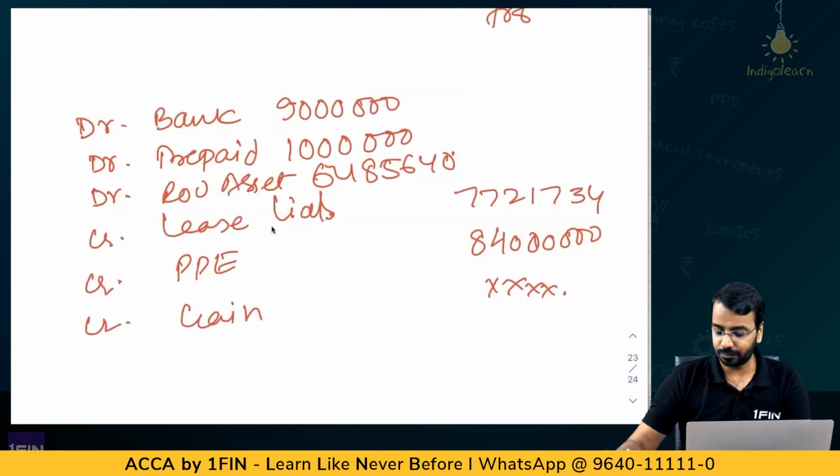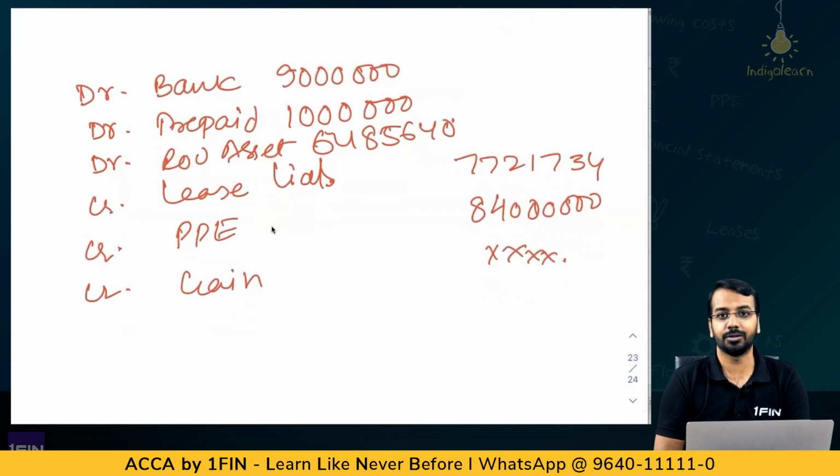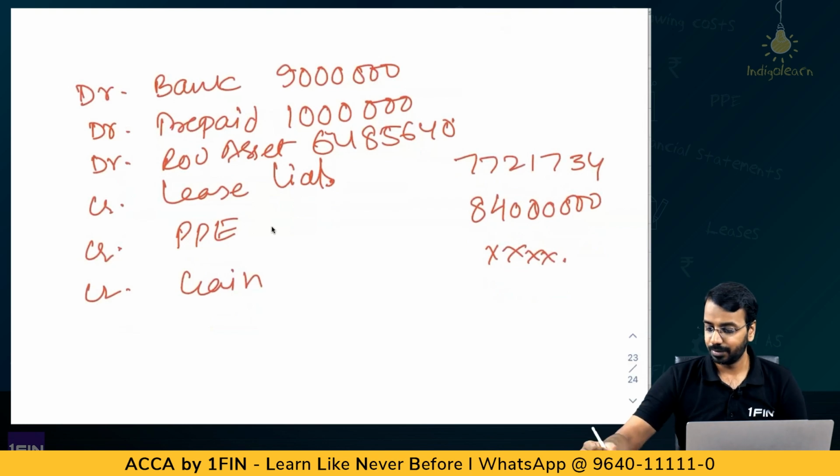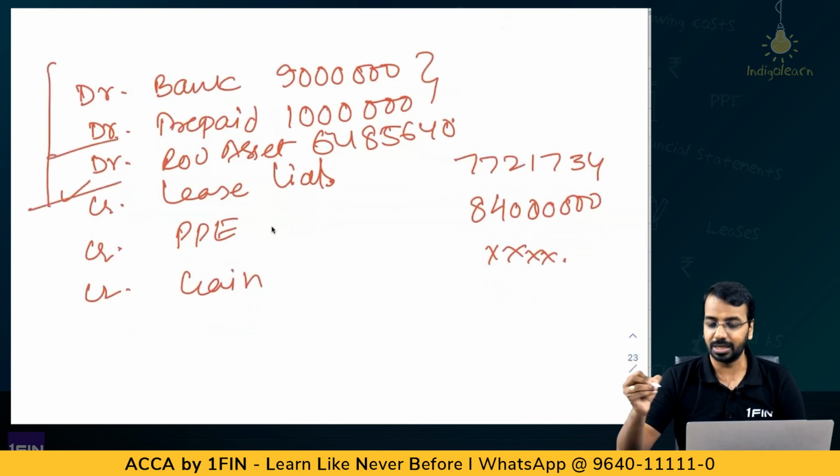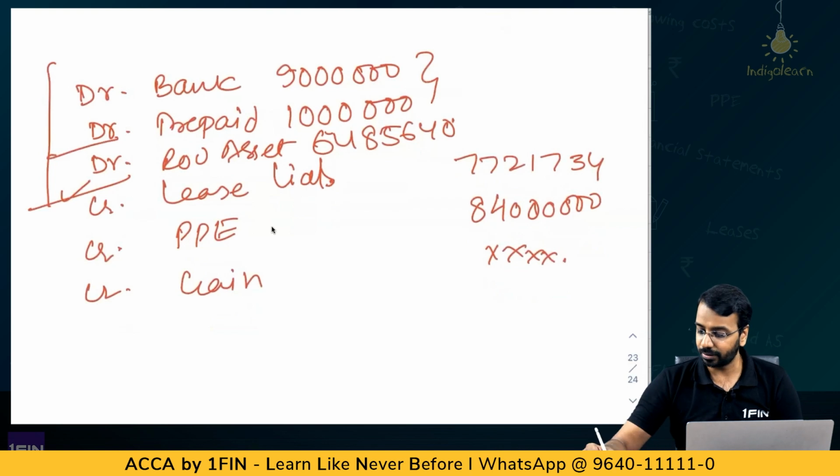Slightly complicated, one of the tougher parts of the accounting for leases. So basically what you need to understand is the total amount that has been received, plus your ROU asset is on one side. So basically you have received this amount and you have received a right to use asset, and on the other side you have incurred a lease liability.